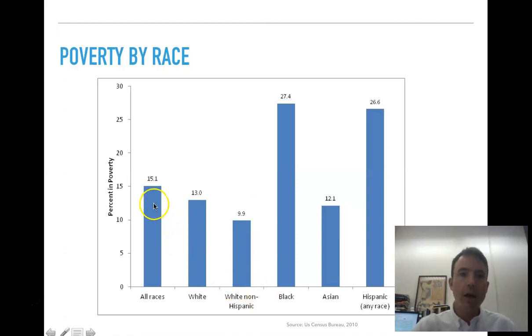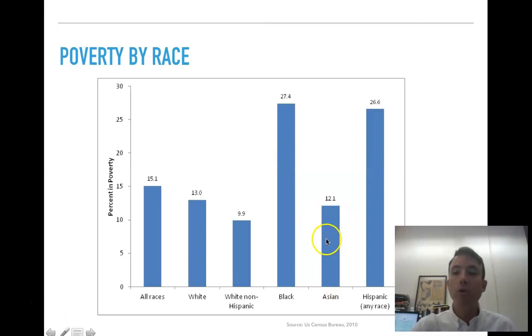So we do see the poverty rate for all races, as I mentioned previously, is 15.1%. For whites, you see a poverty rate of 13%. For white non-Hispanic, you see a poverty rate of 9.9%. For African Americans or Black Americans, the poverty rates grow significantly to 27.4%.